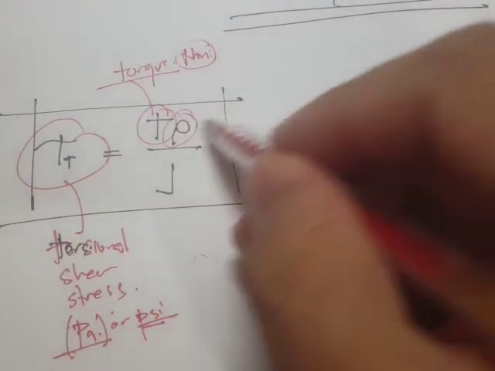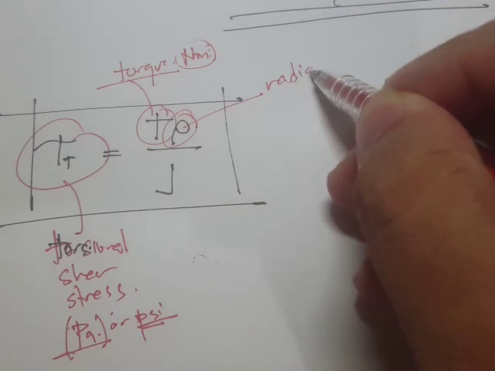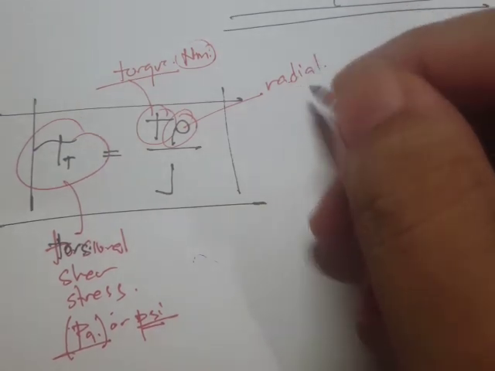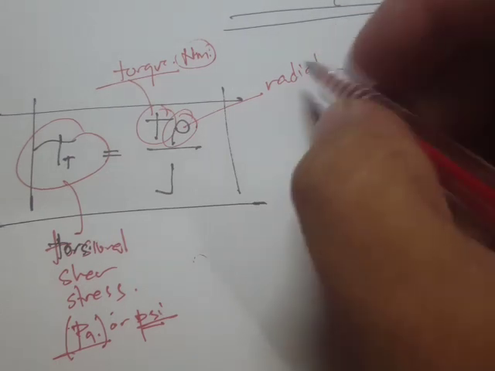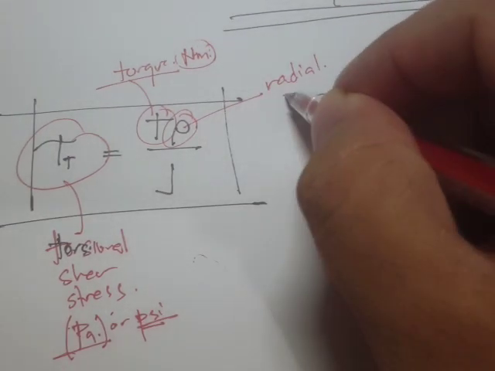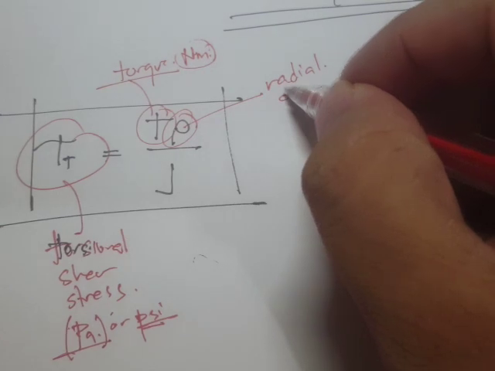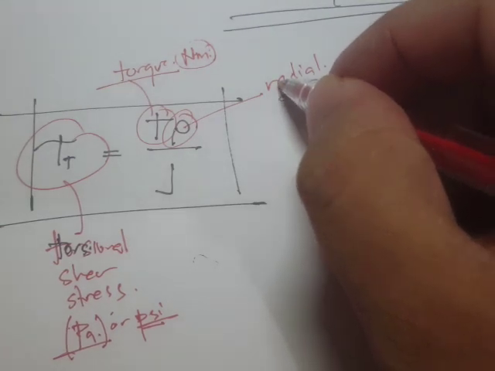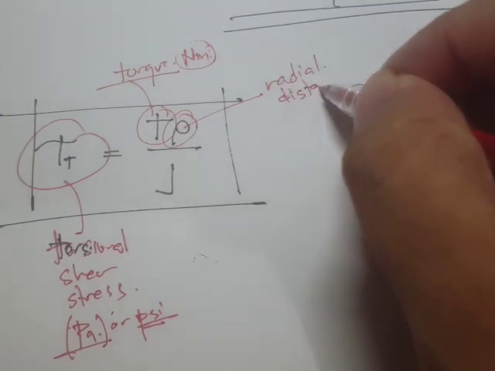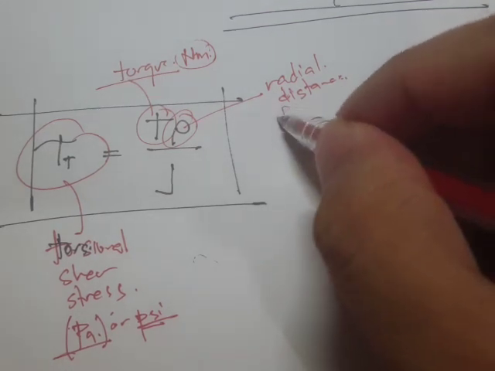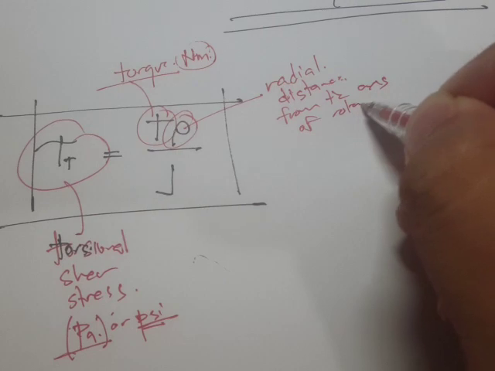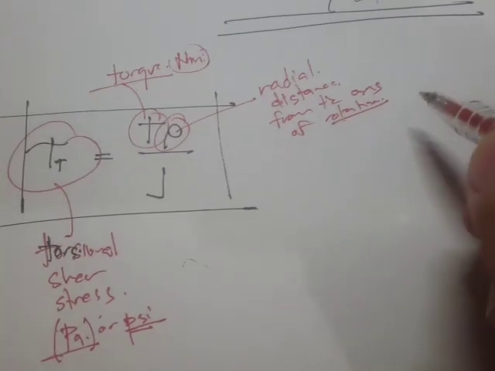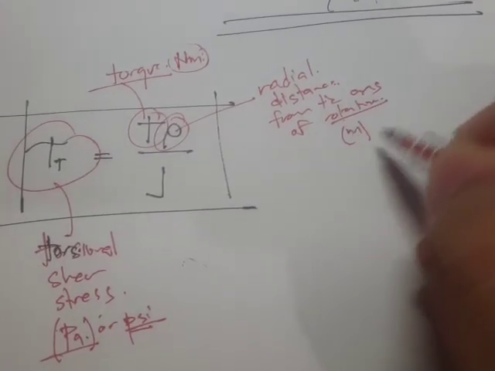Rho is the radial distance from the axis of rotation. Sometimes if we talk about the maximum distance, we refer to that as the radius, but I think a more precise, more general term is radial distance. If it's a distance, then the unit is simply meters.